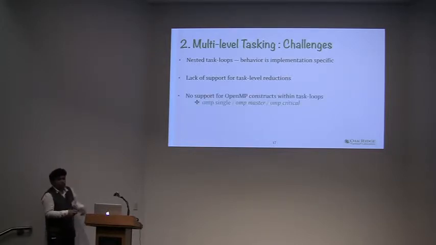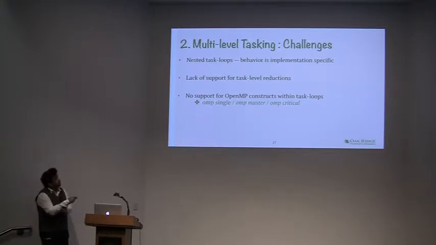So as I mentioned, the lack of support for task level reductions makes it difficult for us. And this is the same thing, we had issues as well that you cannot add OMP constructs again inside task loops. We could not add OMP single. I'll check on the critical though, but I'm pretty sure that we couldn't add it. Yes, you cannot have single.